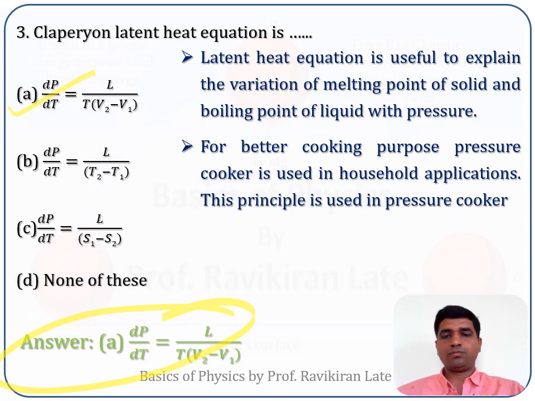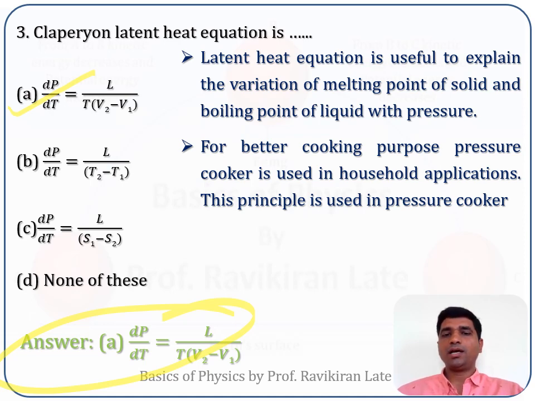Next, an important thing about this equation, as we discussed, is that it is used for predicting the variation of the melting point or boiling point of a material with the change in pressure. It has many applications, including in daily and household uses.